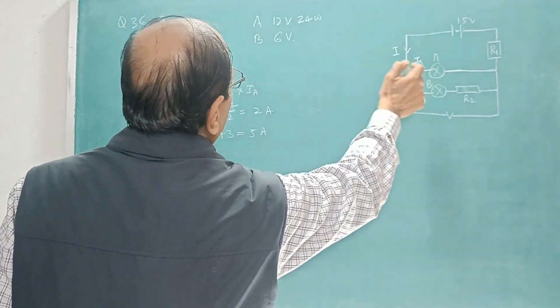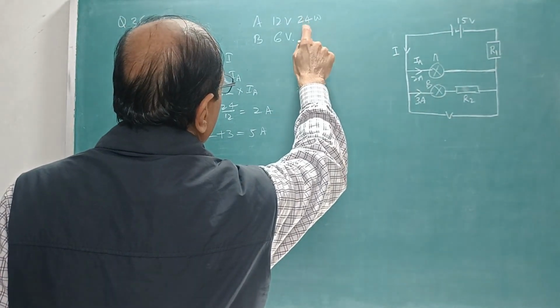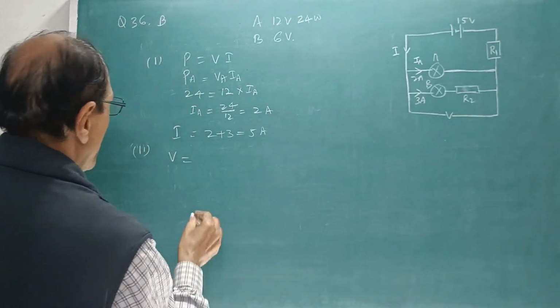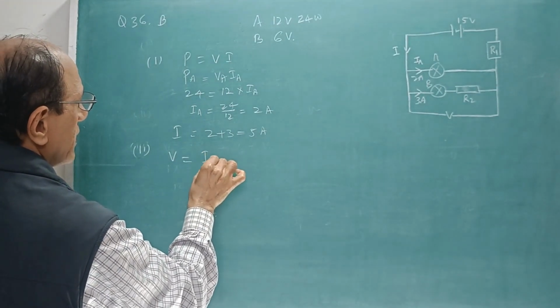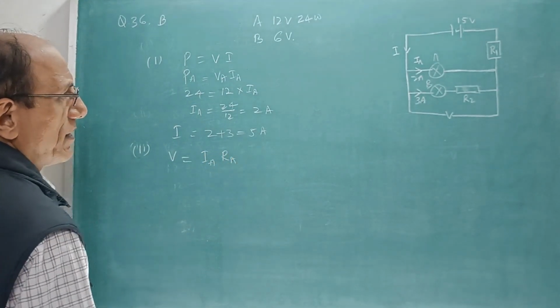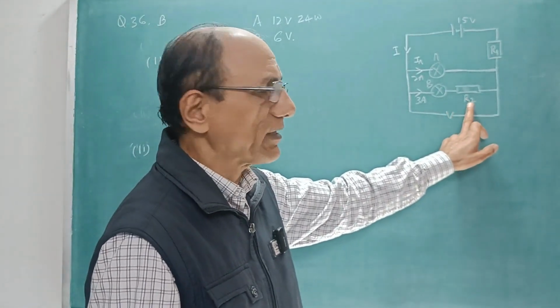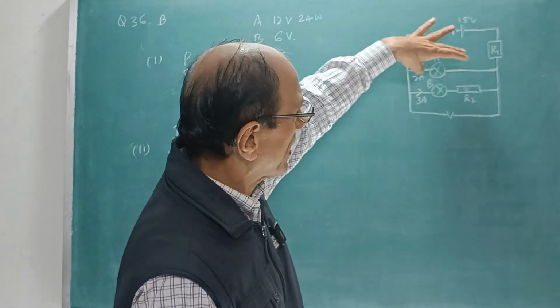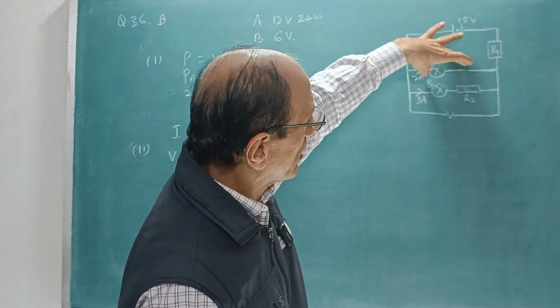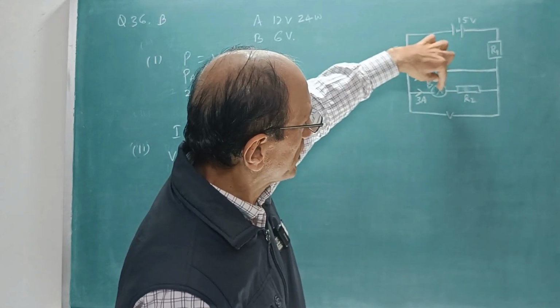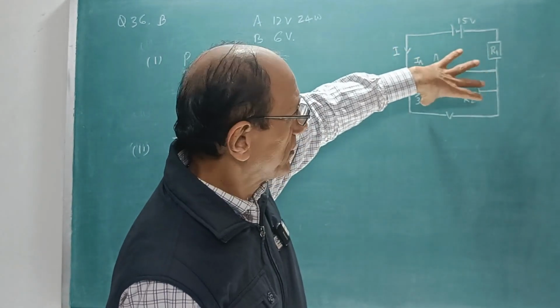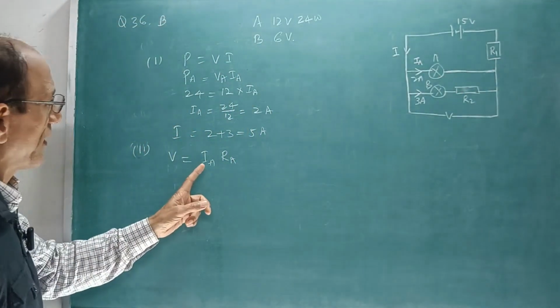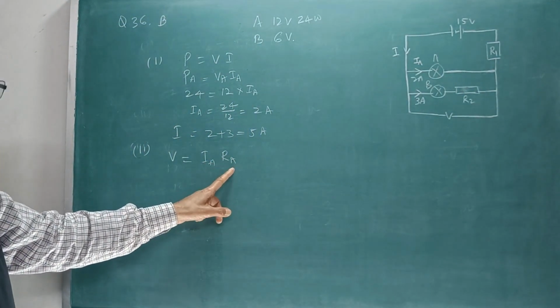That is equal to the resistance of this A, so IA into RA, because we don't know this R2. So that way we cannot find it. Because in parallel the voltage is the same. Whatever voltage will be here, that will be the voltage across this plus this. So this is the total voltage, so that we can find out IA into RA.